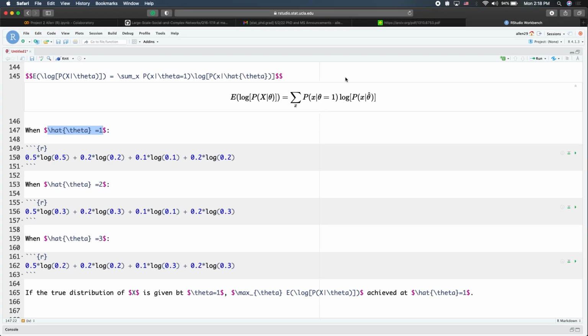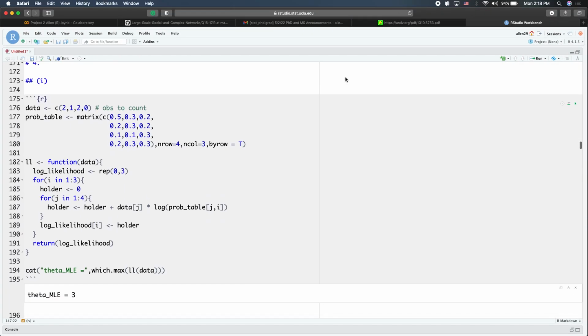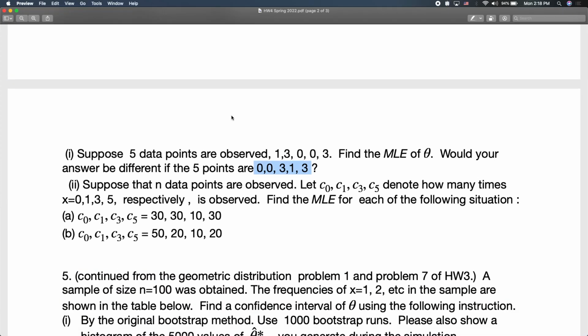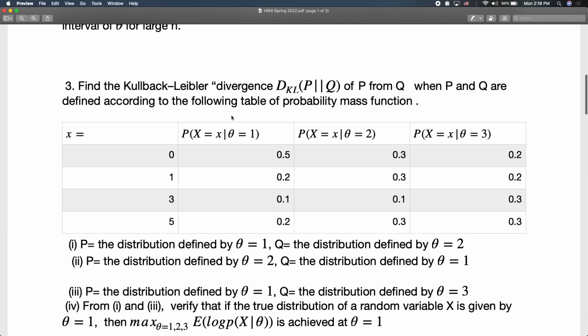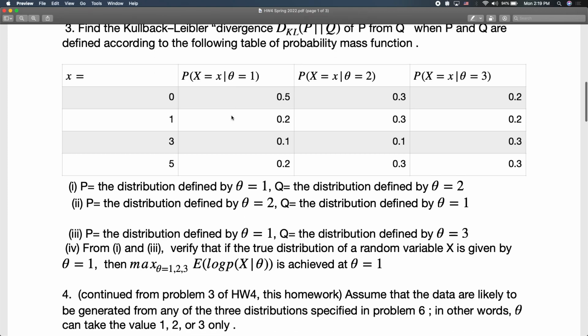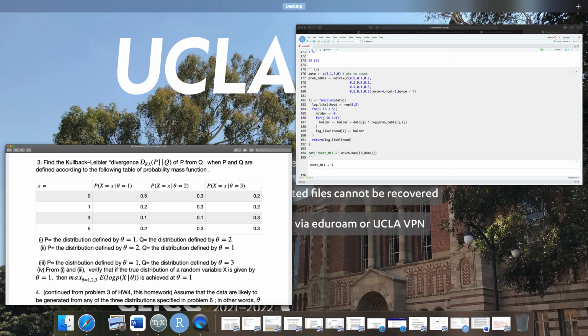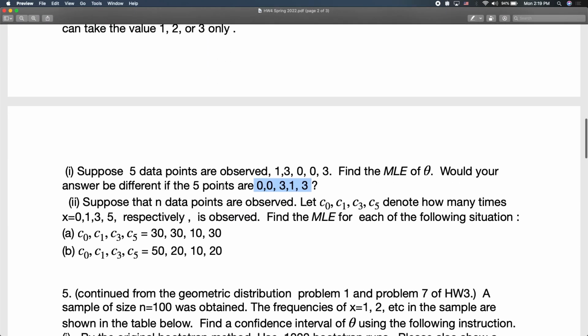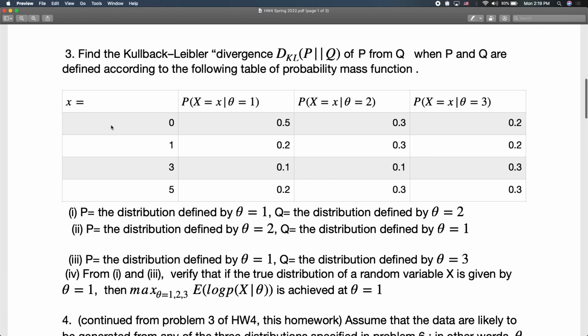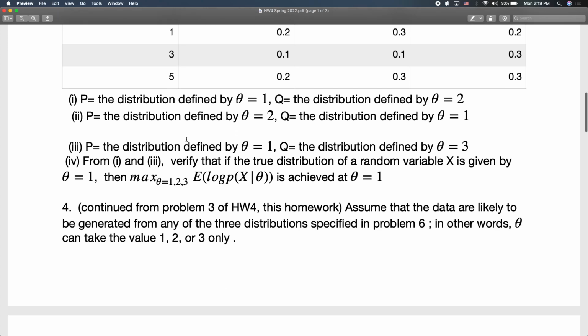So, first of all, let's see. Based on the 5 data points here, the way to read this is that we have one occurrence for 1. Our distribution's support is only 4 categories or 4 numbers.